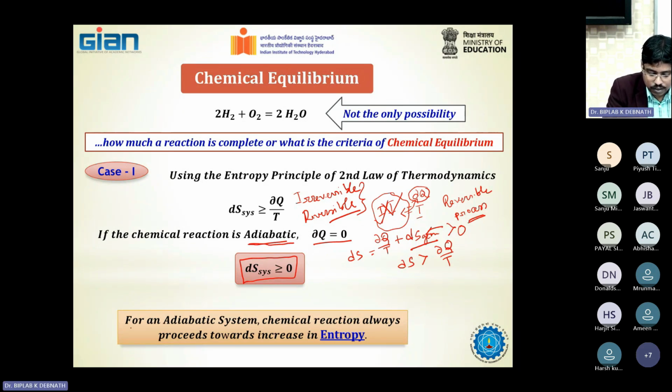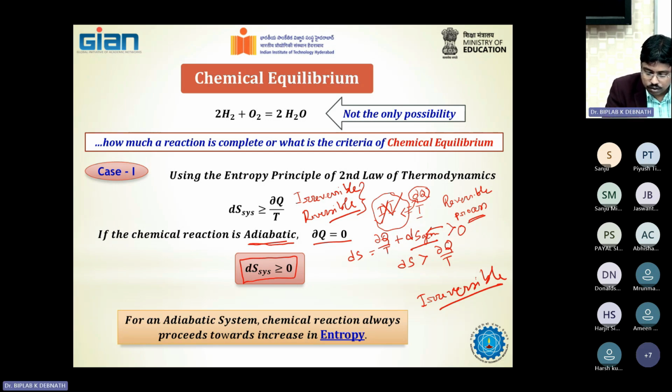So we can write that for an adiabatic system, a chemical reaction always proceeds towards increase in entropy, provided the system is irreversible, because most chemical reactions are irreversible in nature.